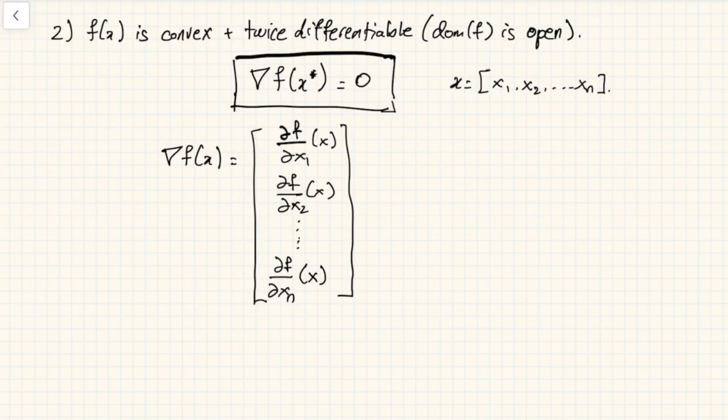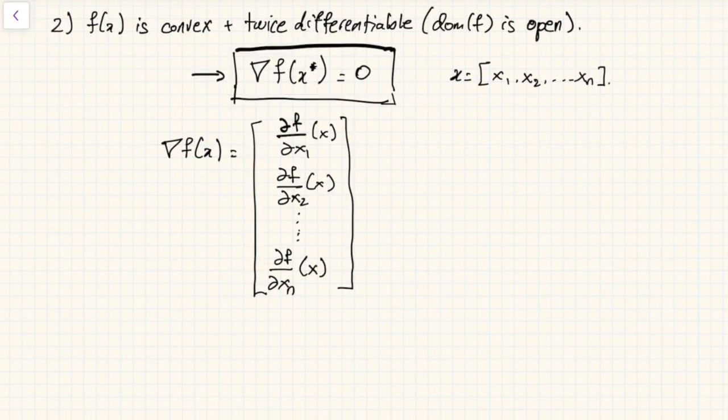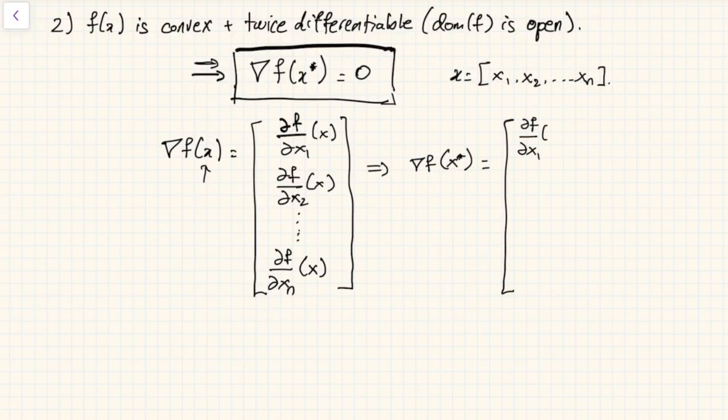So solving the necessary and sufficient condition for optimality of the initial problem right here is the same as solving this guy right here. That is, if we plug x star here, we get the partial derivative of f with respect to x1 at x star, all the way down to the partial derivative of f with respect to xn at x star.